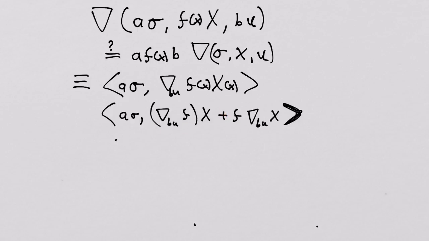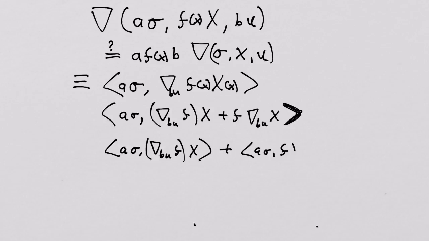And the first mapping is going to be A sigma del B u f on, right, on, which is another function on x, plus A sigma f del B u on X, like that.